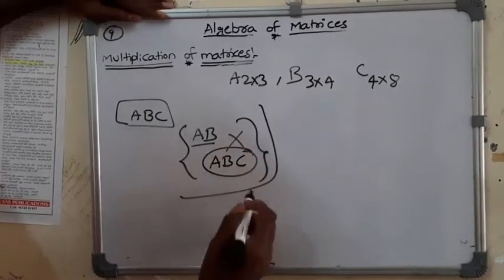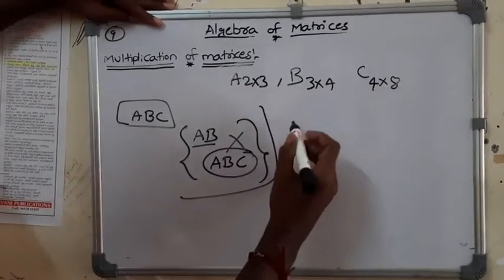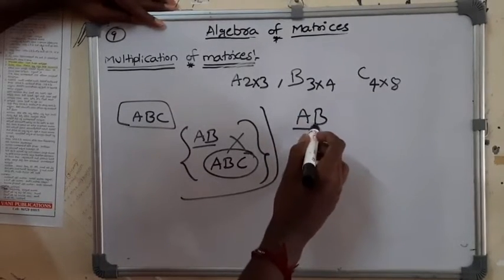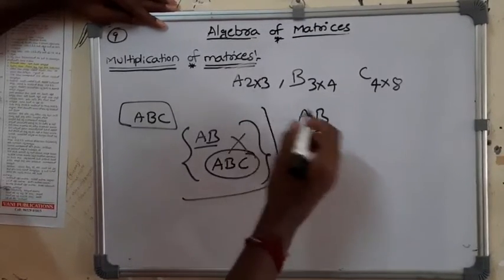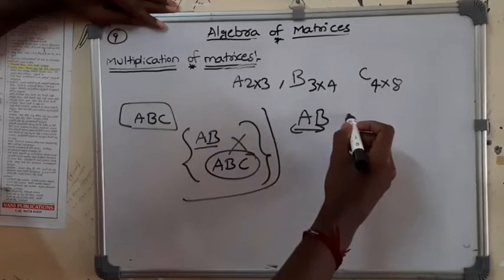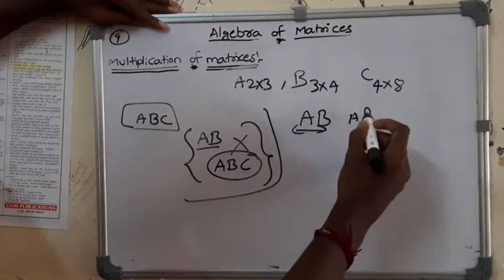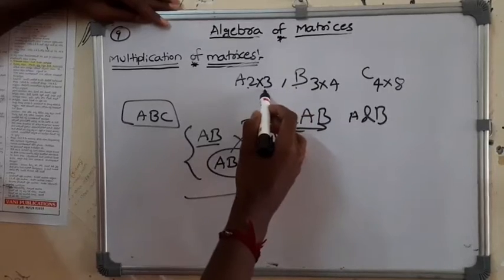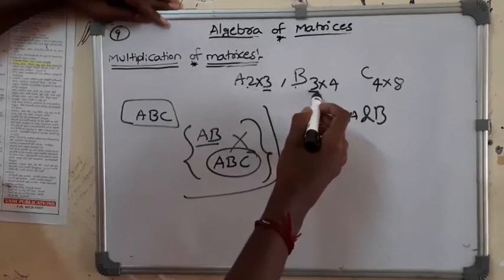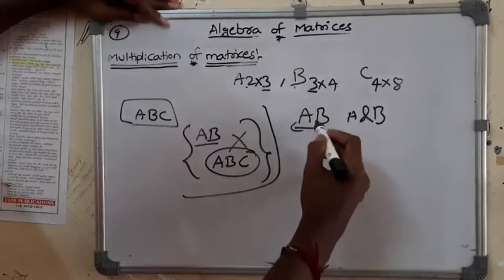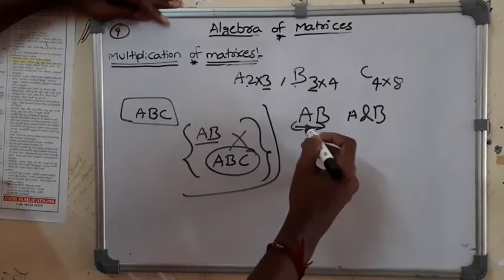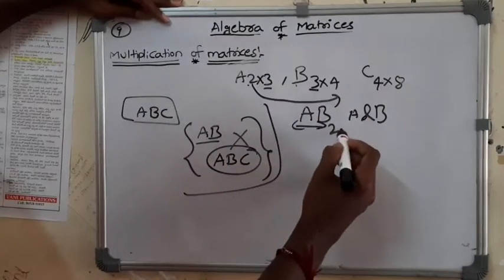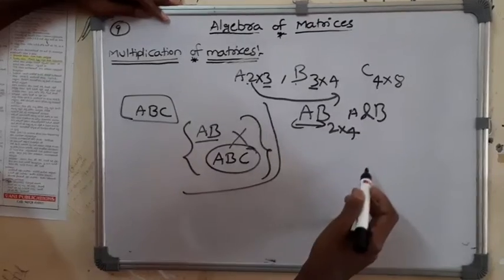We can simply say, as we discussed in our video, that AB is possible if and only if the number of columns in A and the number of rows in B are the same. If we observe AB, here the number of columns in A and the number of rows in B are the same. So we can expect the order of the resultant matrix AB to be 2 by 4.